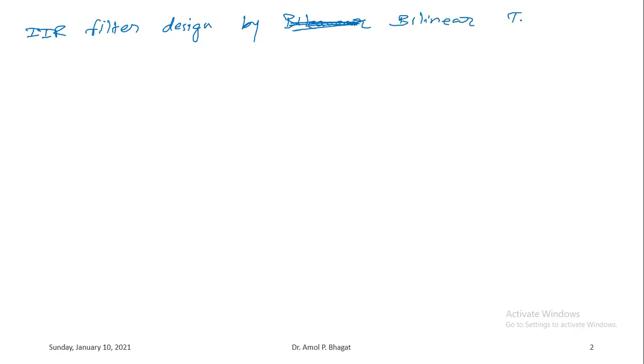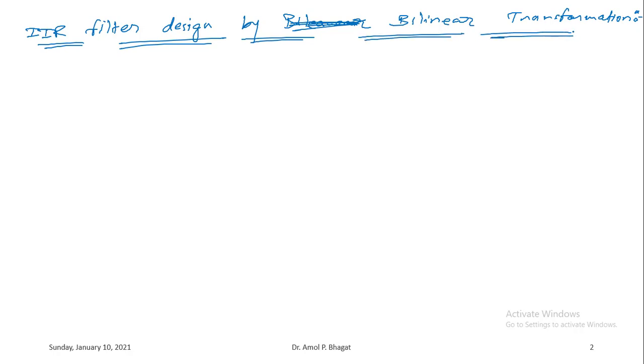So in the case of IIR filter design by bilinear transformation, again we'll be using one mapping function, as we did in the impulse invariant method, as well as in the approximation of derivatives.